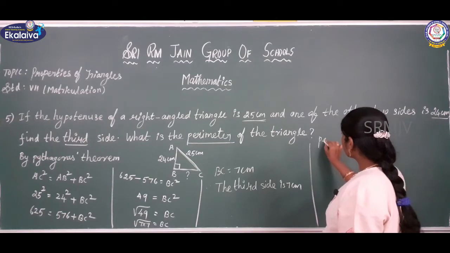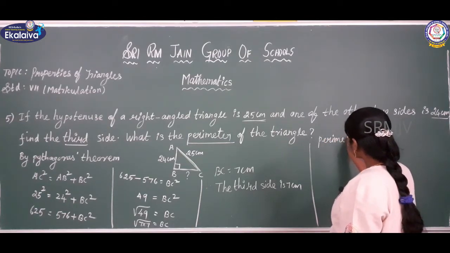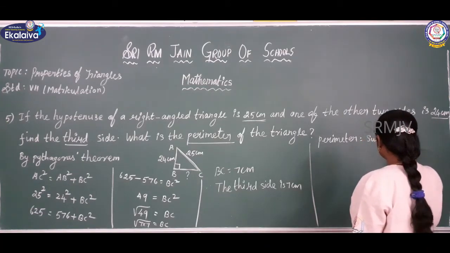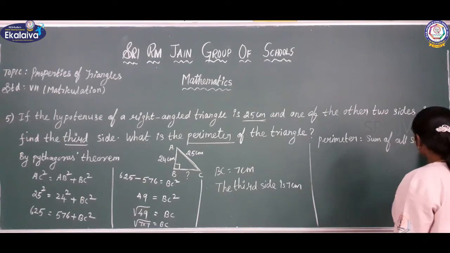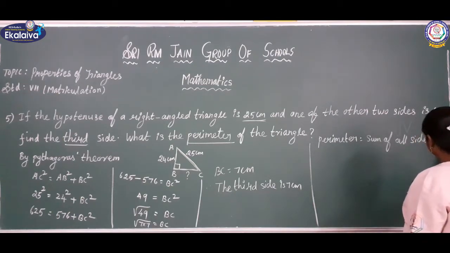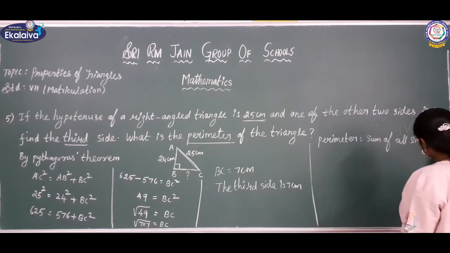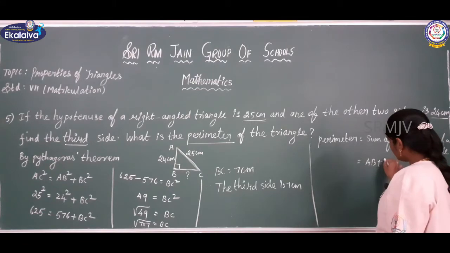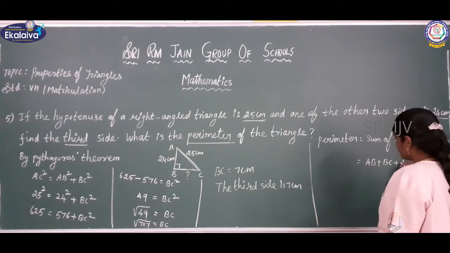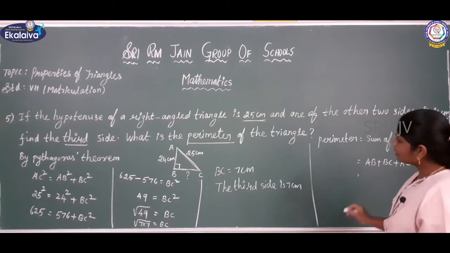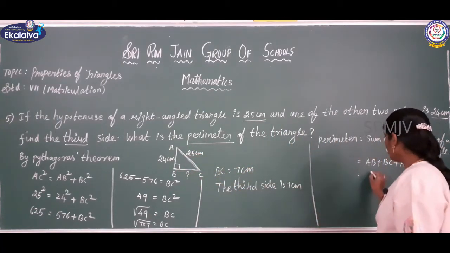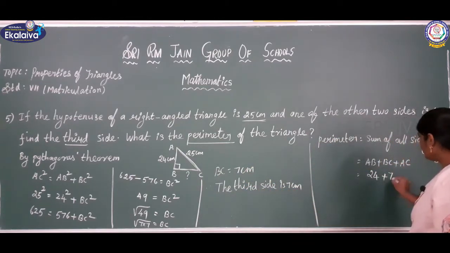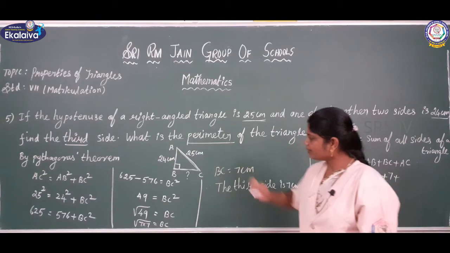So perimeter equal to sum of all sides of a triangle. Now we write AB plus BC plus AC. Okay. Substitute here AB value 24 plus BC 7 centimeter plus AC 25 centimeter.